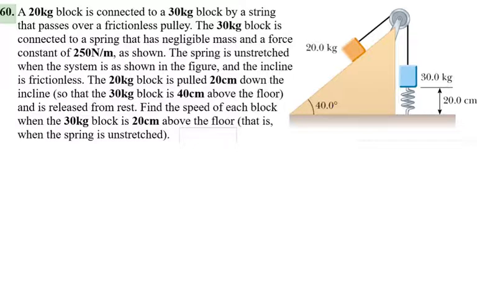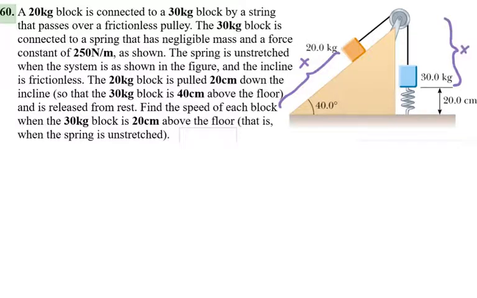My measurements are not going to be up to scale, so I'm going to stretch all this all the way to the end, just because it's easier. I'm going to call this X. When that is X, my 30 kilogram block is going to go the same distance X up.